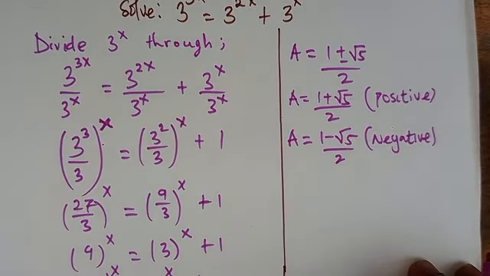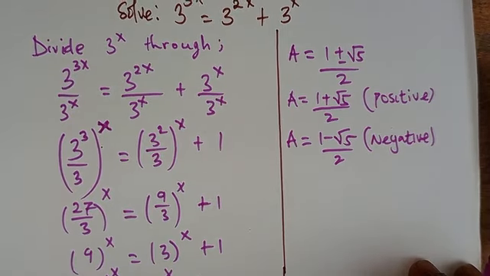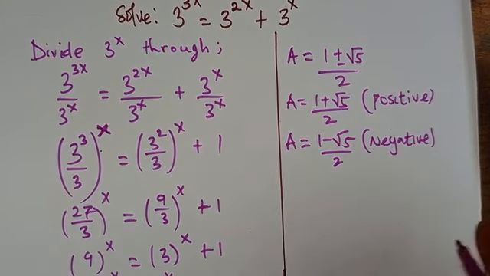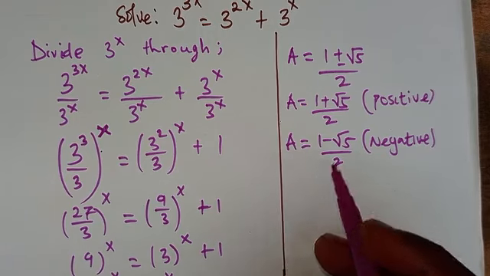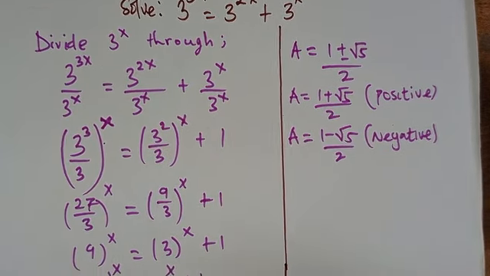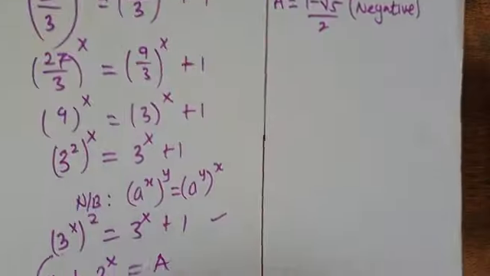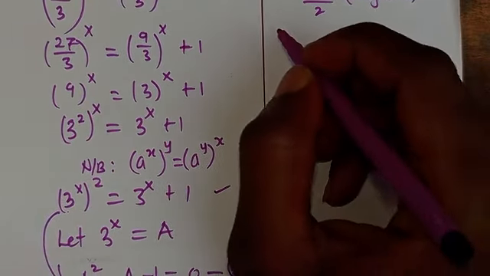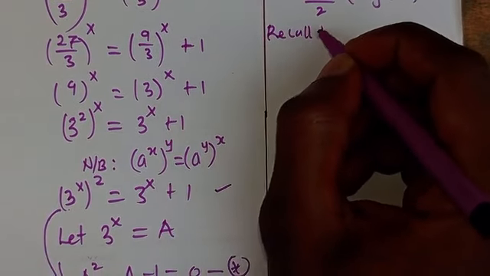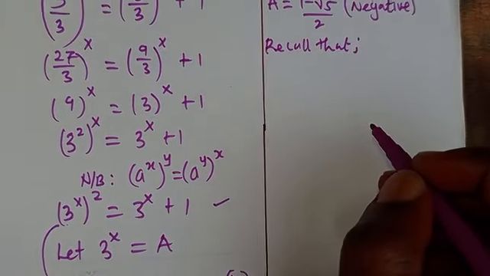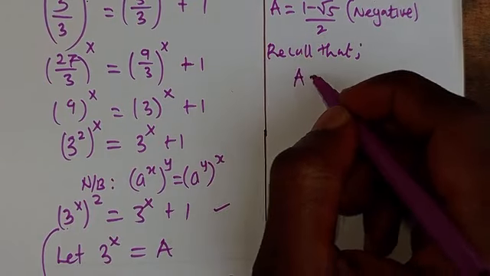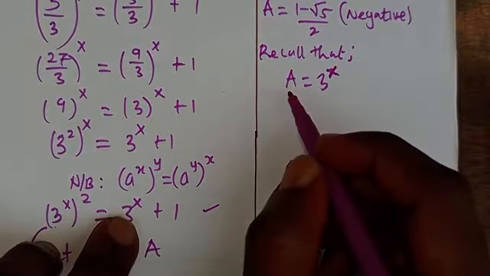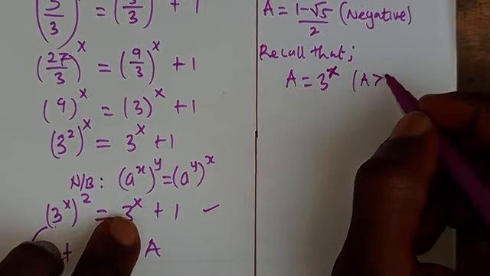Okay, so now, but don't forget that we are not looking for the value of a. If you just introduce an a in this equation, now we replace a to be what? If you come back here, you can see that we said let 3 to power x equals a. Do you understand now? So therefore recall that a equals 3 to power x, and here our a will be greater than 0.